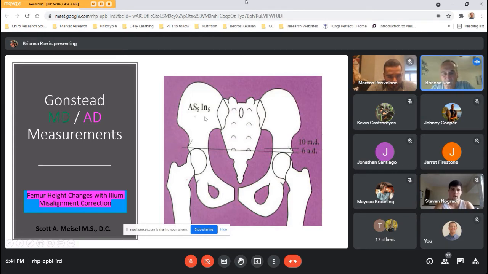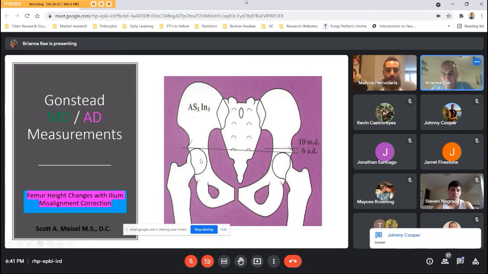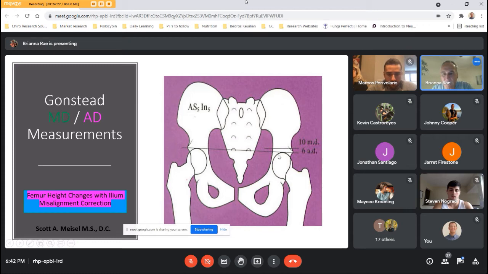All right. So what does an ASIN do to the femur head? What did we say it does? Raises it. So if we were going to fix that, then what would it do to it? Lower it. So remember the teeter-totter? If you're going to lower the femur head by 4 on the left side, what would that do to the right side?